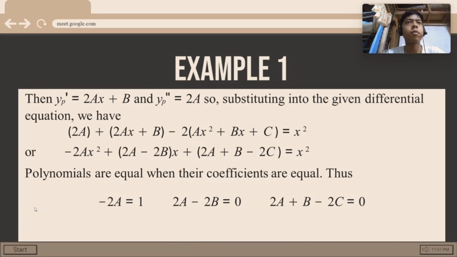So you derive it and get 2ax. So your second derivative here is 2a.